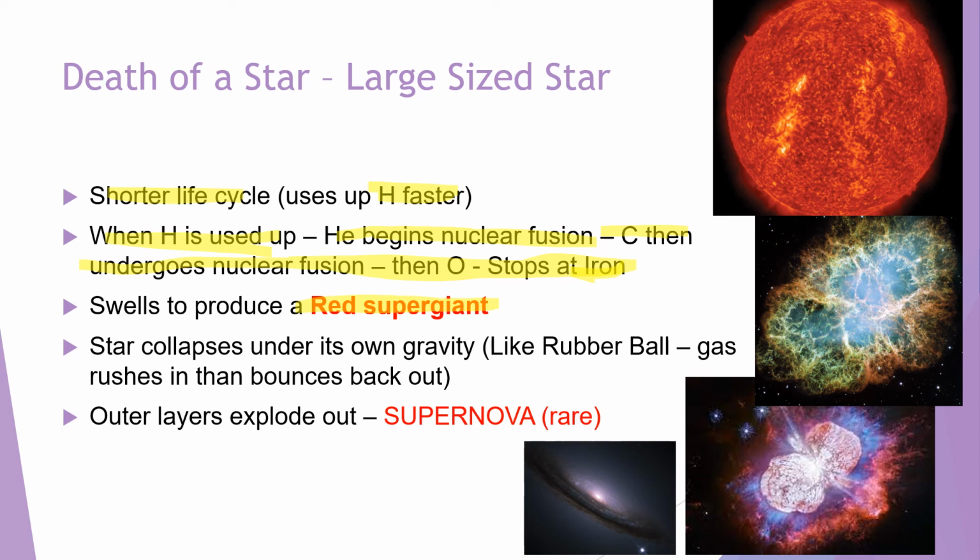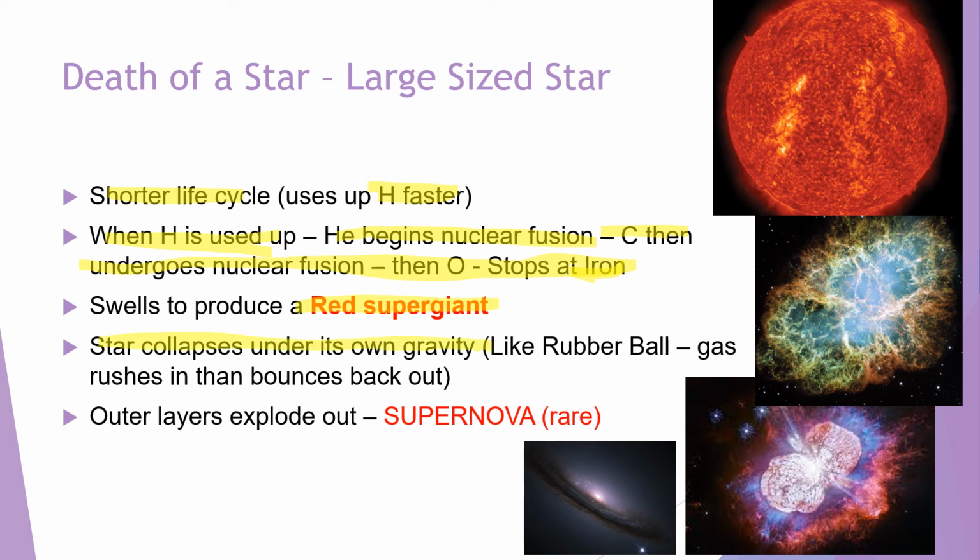Okay, once a large-sized star swells to a red supergiant, no more nuclear fusion occurs and the core collapses on itself, which causes the rest of the star to collapse on itself. But what happens is it bounces off, okay, and it's like a huge shock wave, which is like a supernova explosion. Okay, so swells to a red supergiant, star collapses under its own gravity.